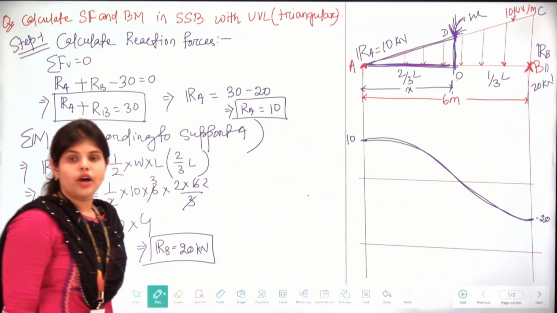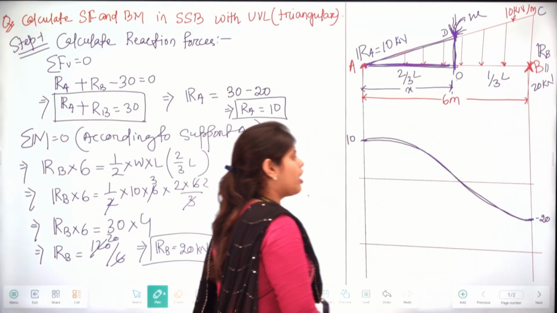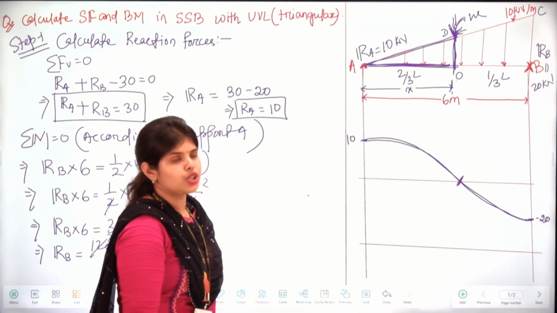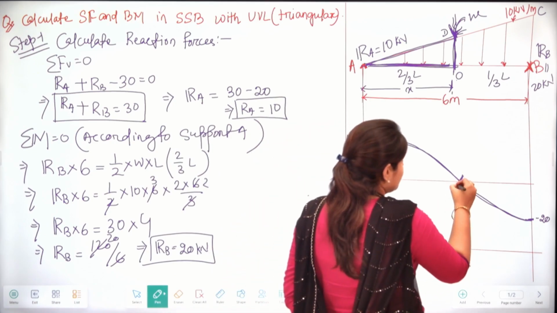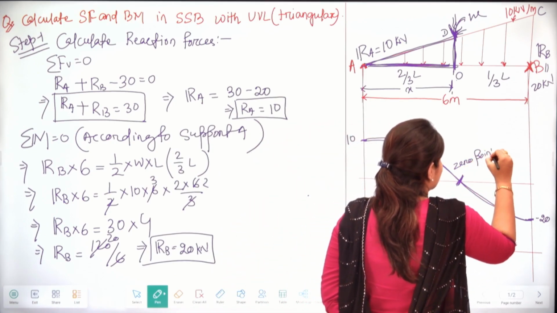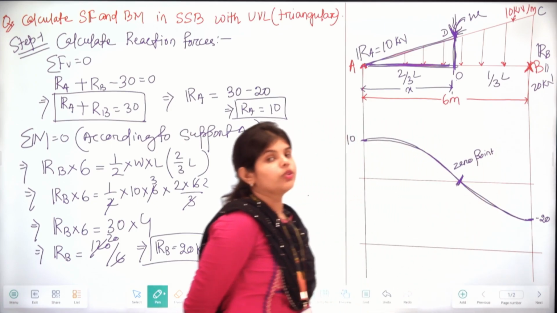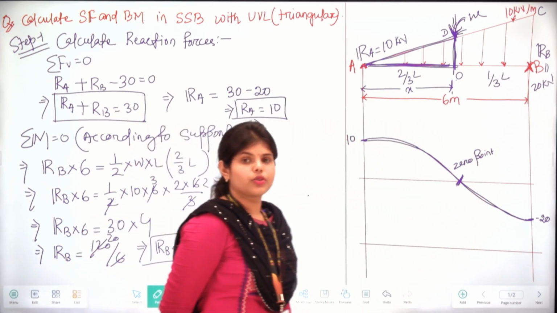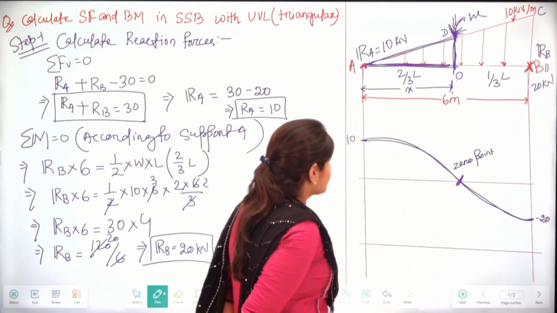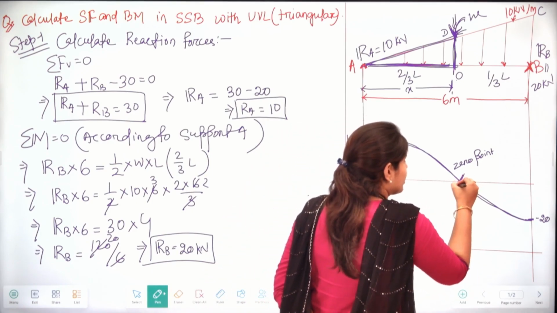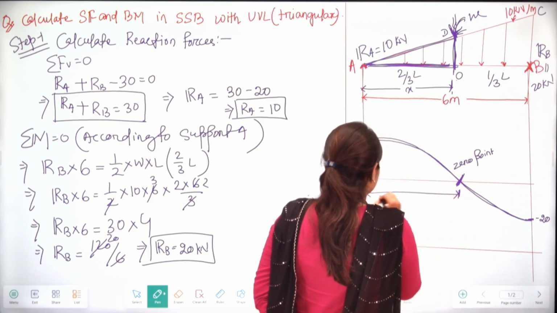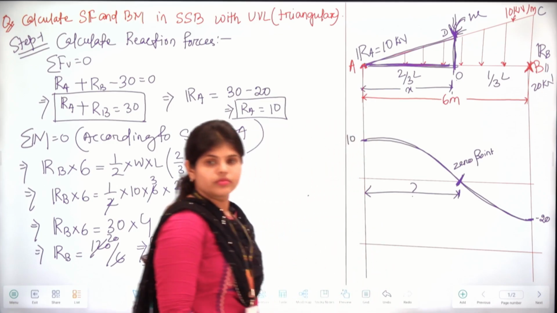Now we have one question: we will have one point where the shear force is 0. We also know that where shear force is 0, the bending moment is going to be maximum. So how do we find the distance of this zero point? Let's calculate.